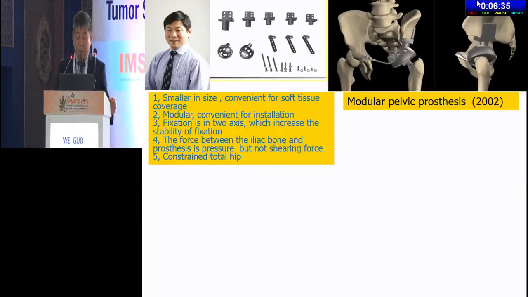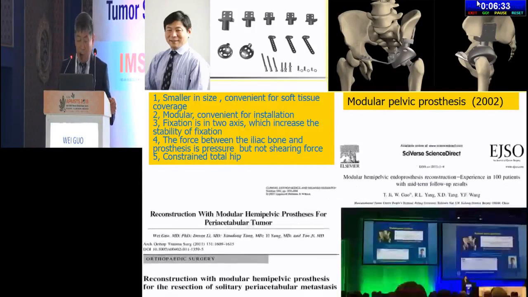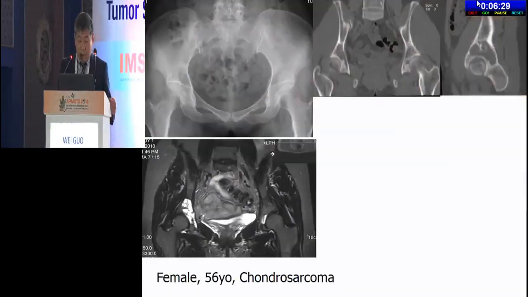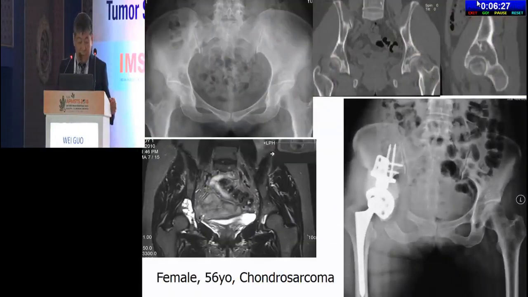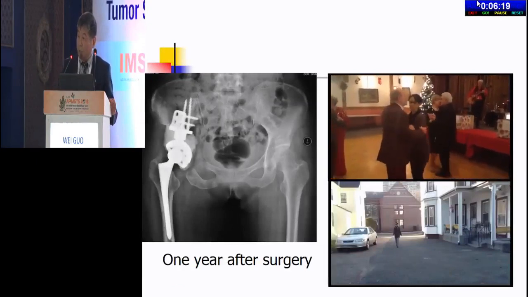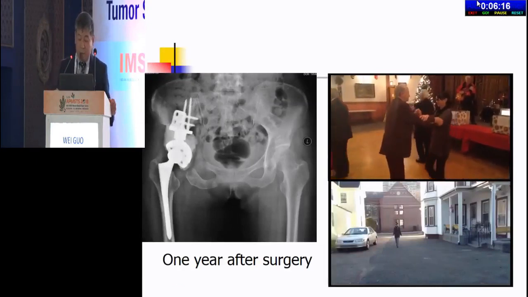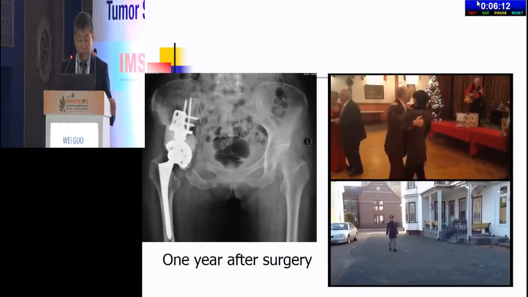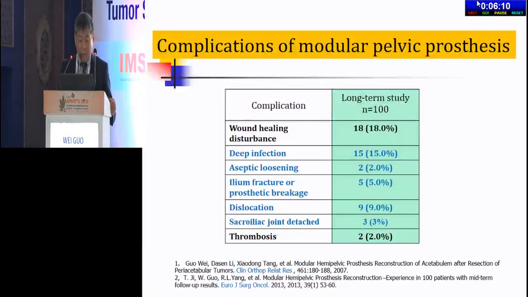There are several advantages of this prosthesis, which we have already reported in several papers. Like this patient, a 56-year-old female with chondrosarcoma, for whom we did the modular pelvic prosthesis. The patient has very good function. One year after, she can dance and do everything normally.